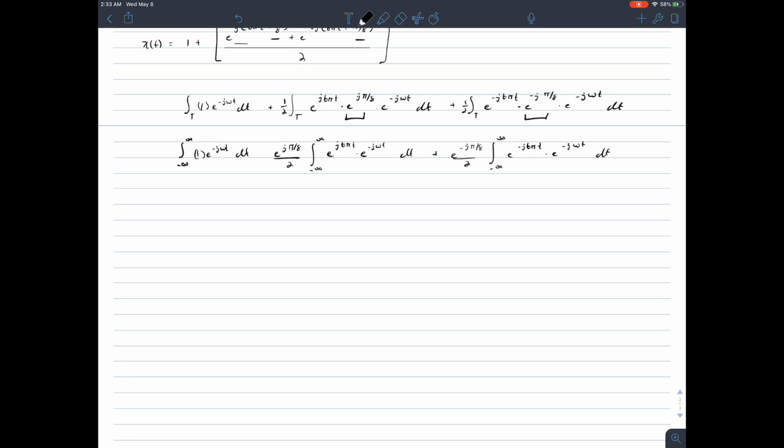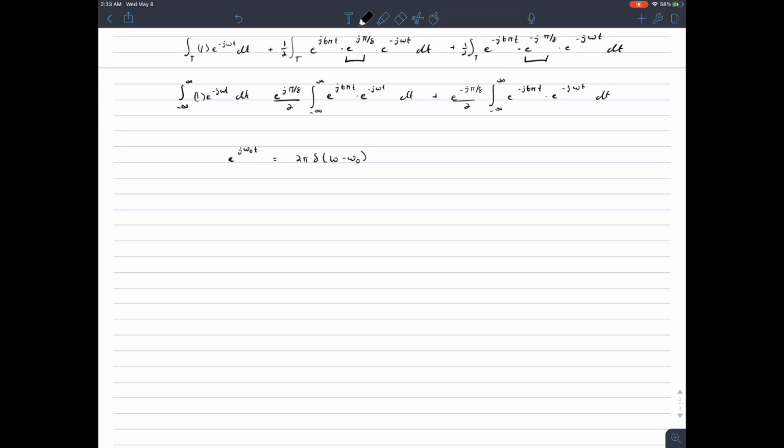So from your sheet that you were given, your little cheat sheet that's going to save your life, you know that e to the j omega naught t is equal to 2 pi delta of omega minus omega naught. Okay? So with this in mind, we're going to try to simplify these into this and see if we can change it.